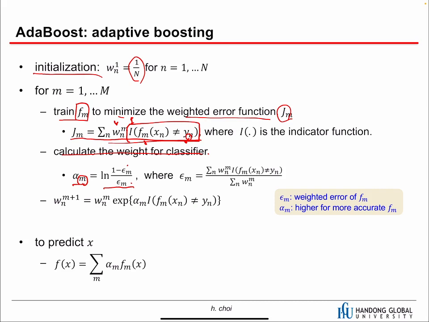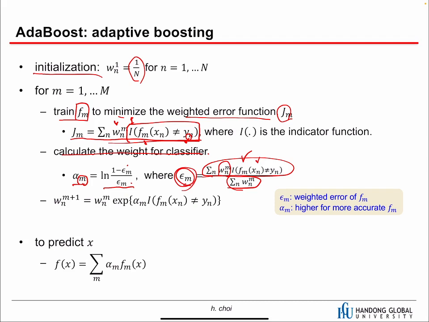So alpha means how good the classifier is. And the error can be defined in this way: this is the sum of all the weights, and this one is a weighted sum of this indicator. So we are focusing on the wrong predictions with the weights. If the classification is perfect, then this will be 0.